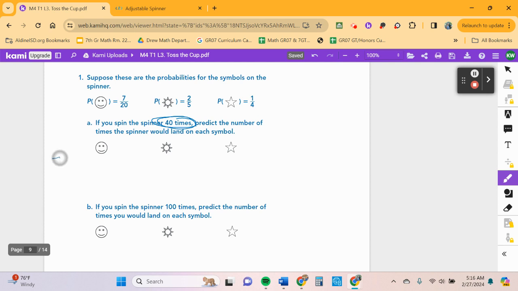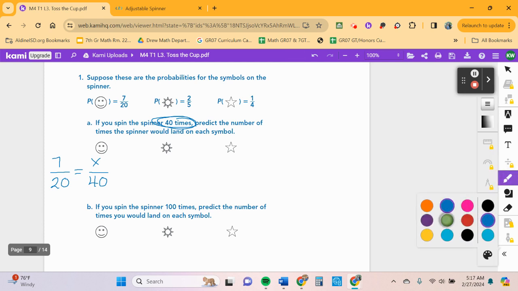So my original ratio is 7 over 20. And I know that is going to be equal to something over 40, because 40 would represent the total amount of times the spinner was spun. Here it's pretty easy to scale up looking at these numbers. I'm going to use a different color to show you.